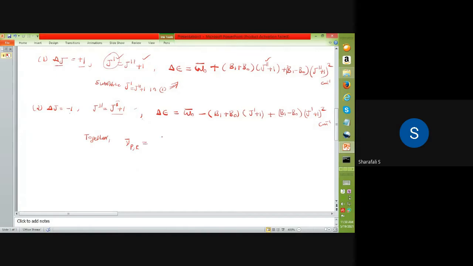This is also equal to mu r, because we are considering delta j equal to plus 1.